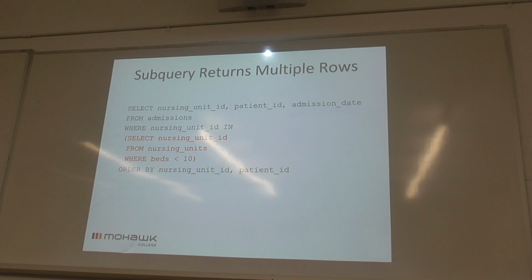This is giving us the ID number of every unit that has fewer than 10 beds. Sure, okay. That means that what that is a table of IDs, right? A table of keys. We stick that into a where clause, where nursing unit ID is in this table.